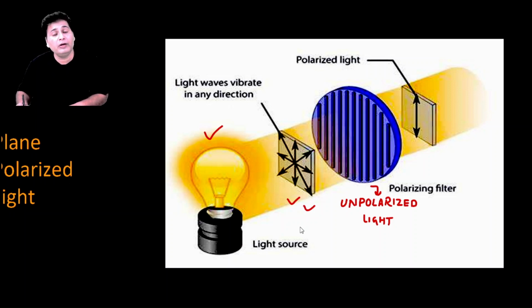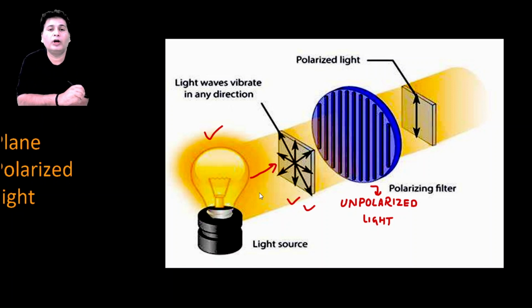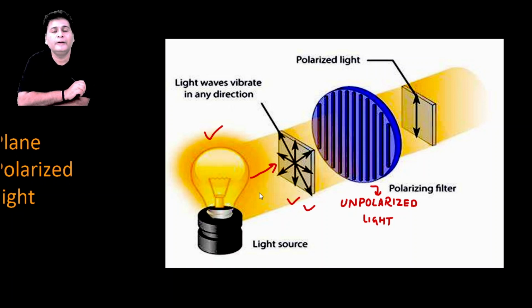Now, what is the meaning of unpolarized light? You should understand that as the light is moving, you can have a direction of light movement, a line of propagation, and as you know, light has electromagnetic behavior. What is the meaning of electromagnetic behavior? As it goes in a straight line, an electric field as well as a magnetic field gets associated with the moving light.